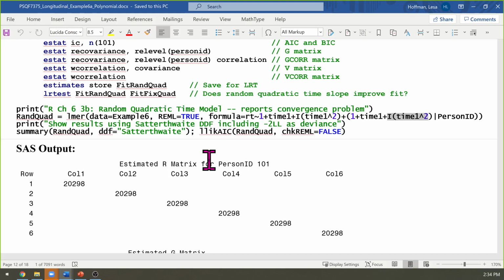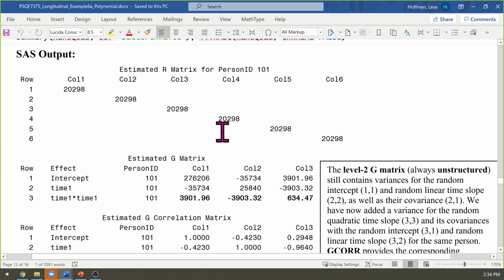So lmer appears to have more difficulty, at least in the 2 instances that I've tried, with random quadratic models, and I do not know why that is, because it's supposed to be more computationally stable than LME, but I have found the opposite. So the instructions on your homework ask you to re-estimate the random quadratic model in LME in R to make sure that you get the same answers as given in the other programs.